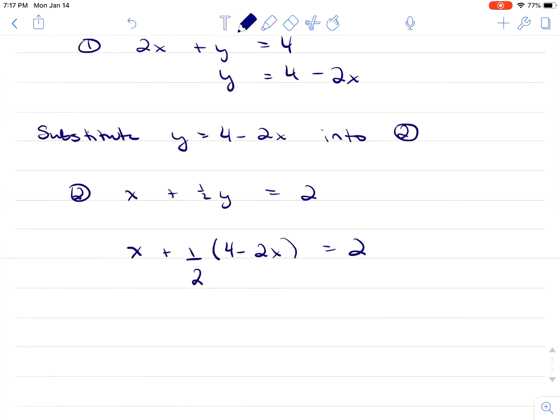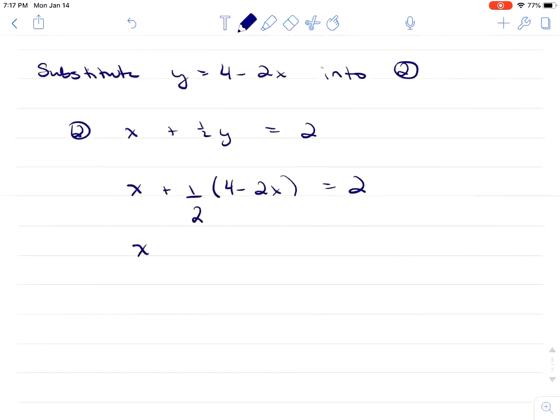But both of them are divisible by 2, so it's not really a big deal. 4 divided by 2 is just 2, and 2x divided by 2 is just x. So now we have x plus 4 divided by 2 minus 2x divided by 2 equals 2.